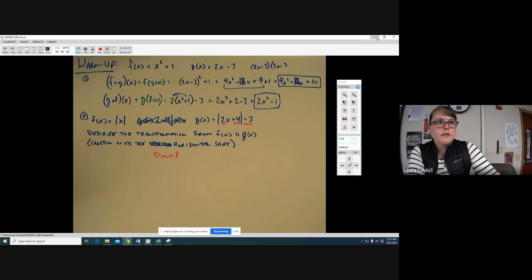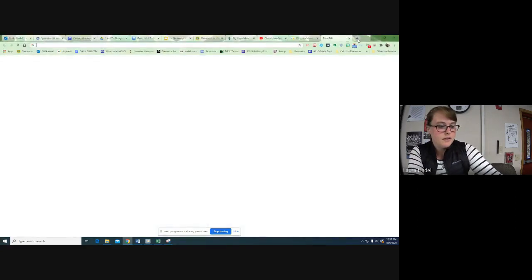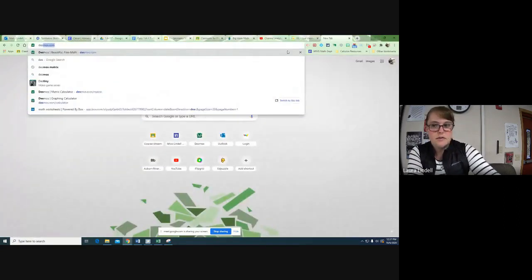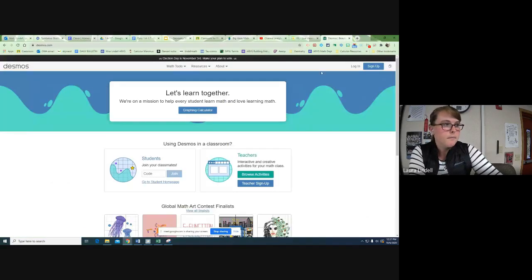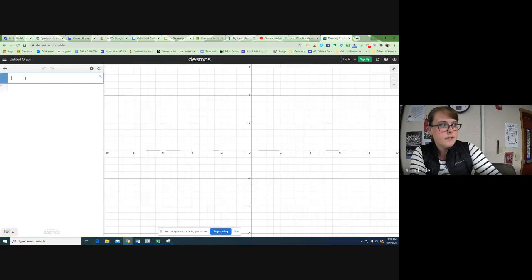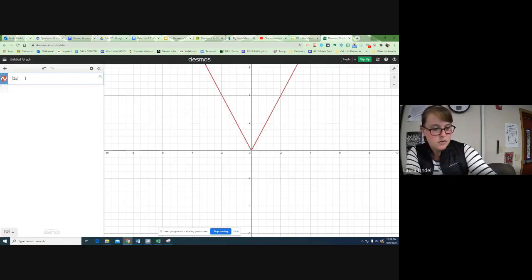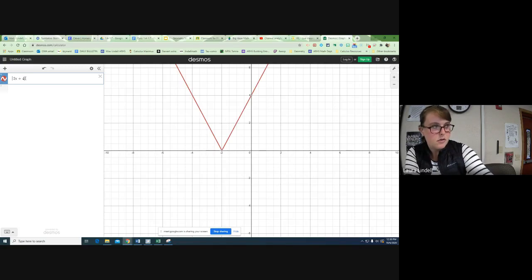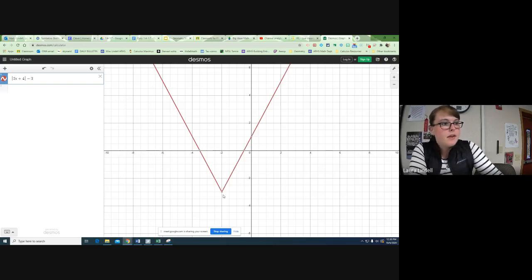Let's jump over to Desmos real quick and see what happens here. Okay. We have that it's moved down 3, but it's only moved to the left 2.